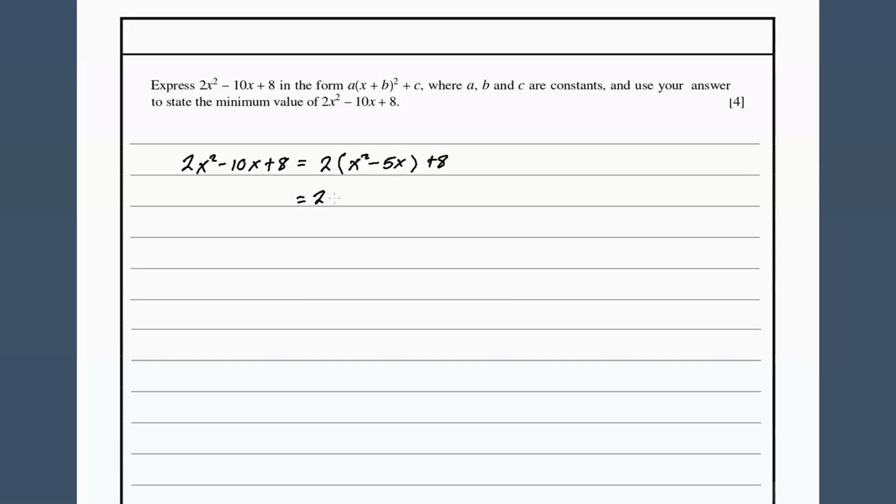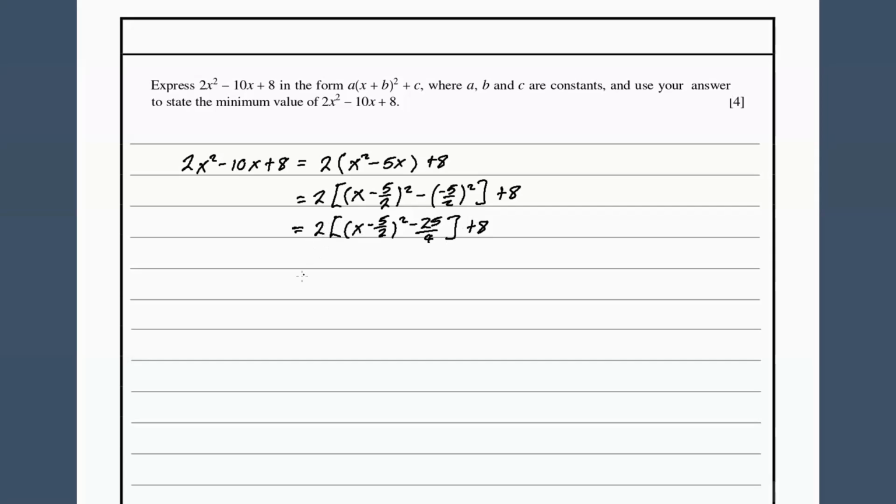Then the 2, here we complete the square, so it's x plus half of the coefficient of x, which is minus 5 over 2, close bracket squared, and we subtract the minus 5 over 2 squared, close bracket, and it's plus 8. Next, we have 2 of x minus 5 over 2 squared, and that's minus 25 over 4, close bracket, and it's plus 8.